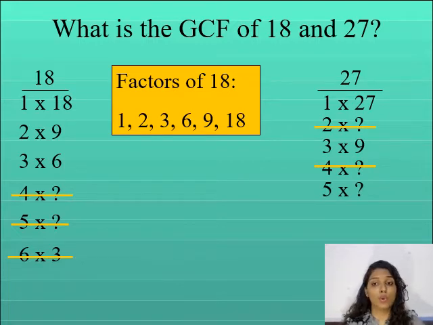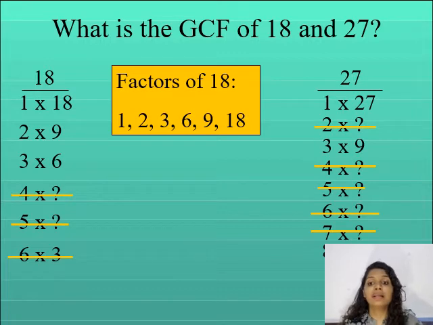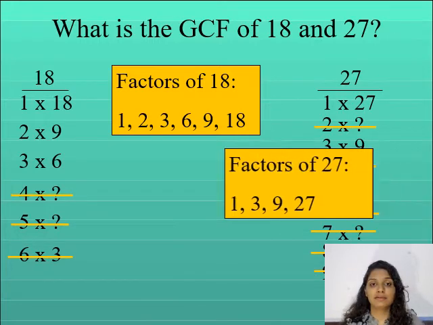And then 4, no. 5, no. 6, no. 7, no. 8, no. 9, yes. But do we need to write 9 again? No, we don't have to, because we have already written 3 multiplied by 9. So the factors of 27 that we have here are 1, 3, 9 and 27.